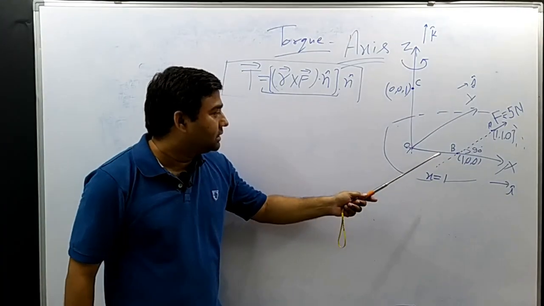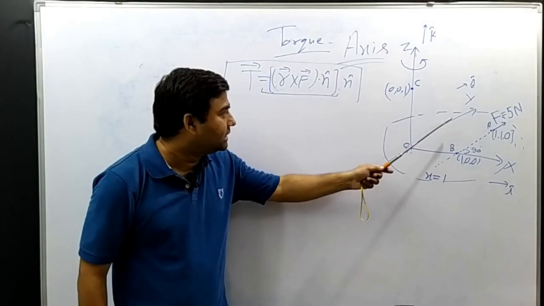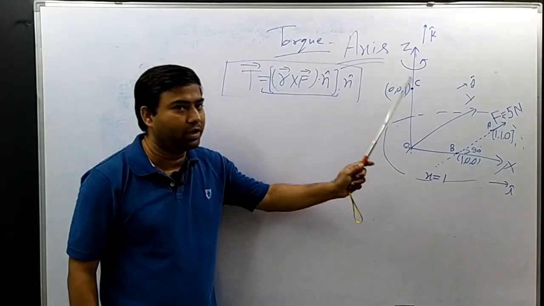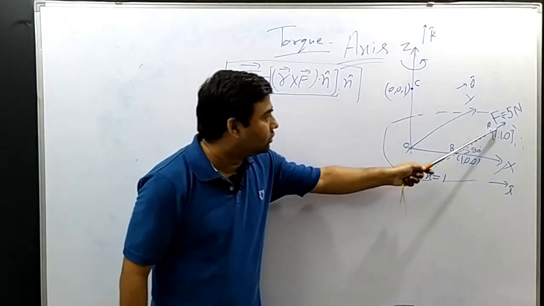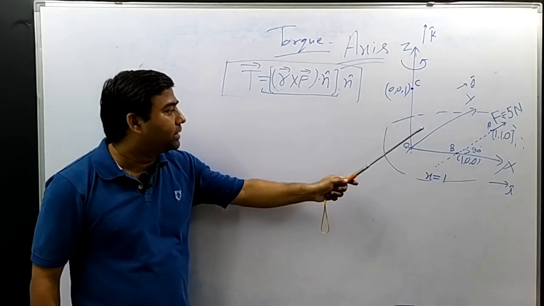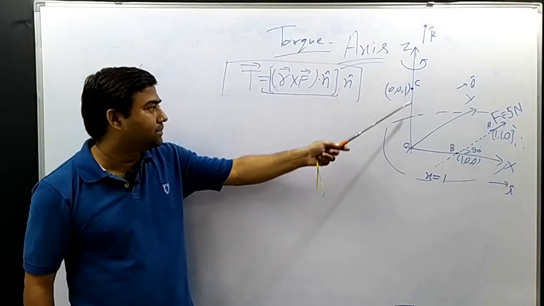So here you can say this line is lying on the xy plane, parallel to the y-axis and perpendicular to the x-axis. So the line of action of the force is perpendicular to the z-axis. You can easily imagine this.